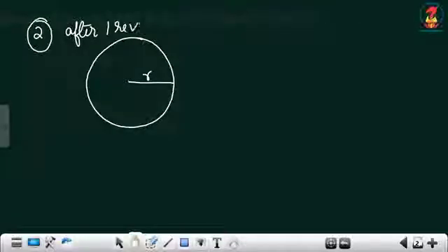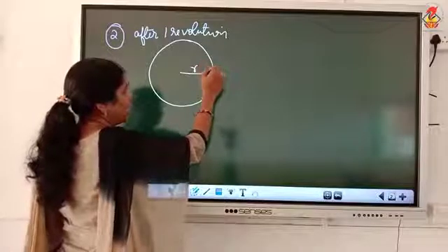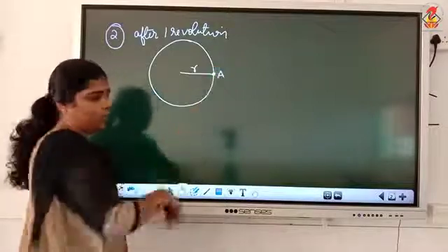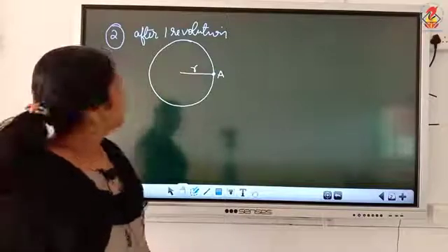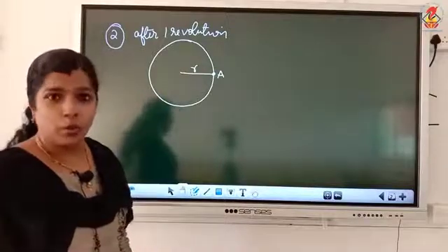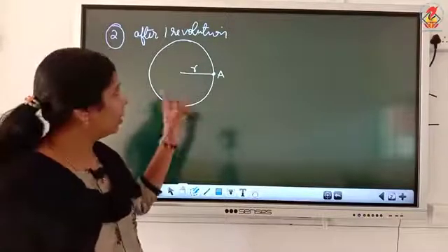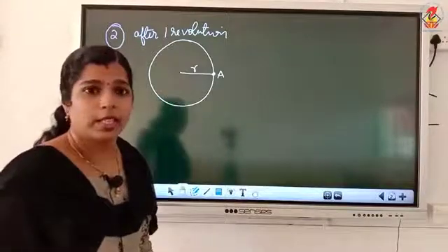One revolution means this is starting point A, it completes one round and reaches the same point A itself. That is the meaning of one revolution. Starting point and ending point are the same.